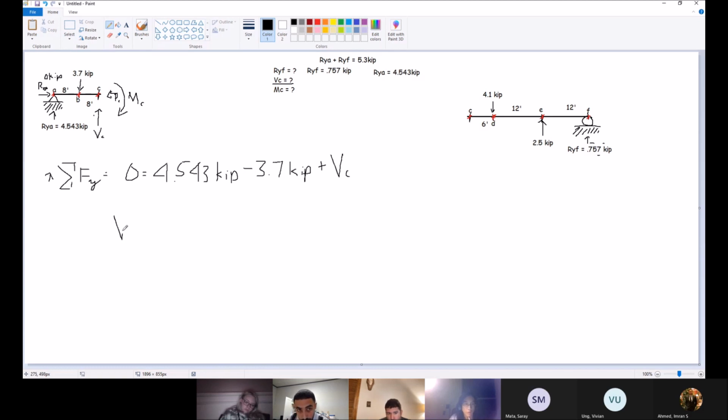So now we're just going to move the shear force to the other side and solve for the shear force at C. Very simple. Okay, and then you end up with 0.843 kips.